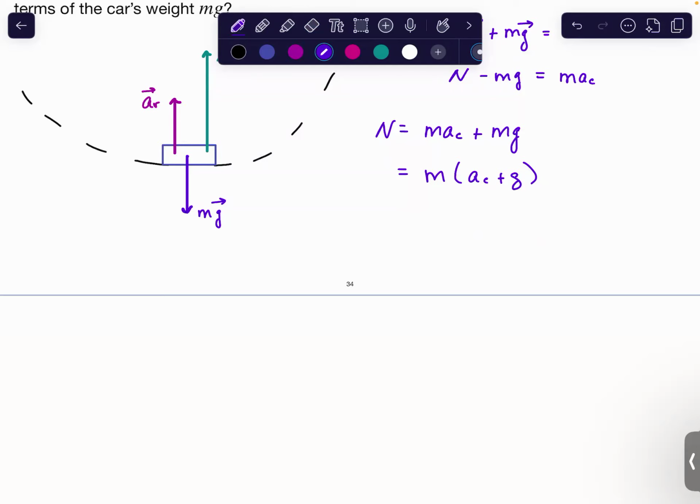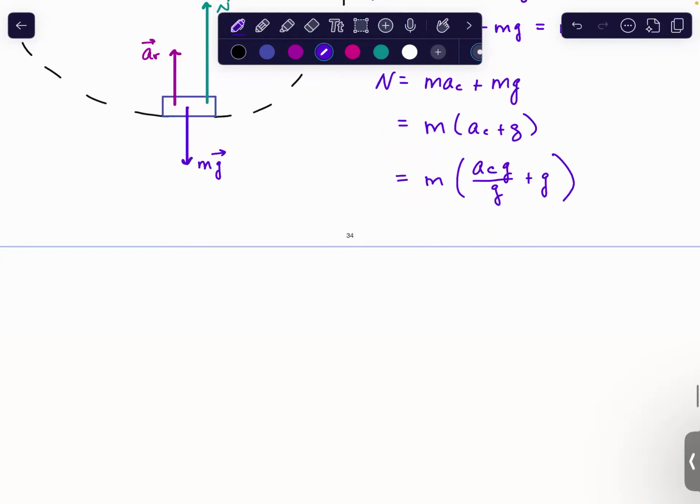Okay, so what we're gonna say then, so this is gonna equal M. You see the little trick there again? Multiply by 1. G over G is 1. Why is this the case?